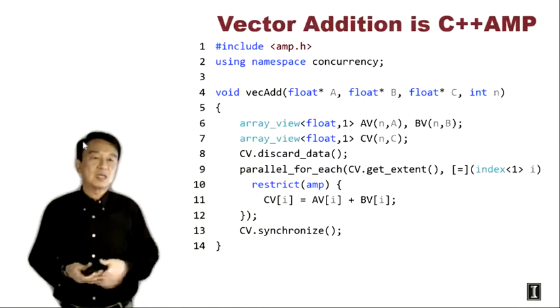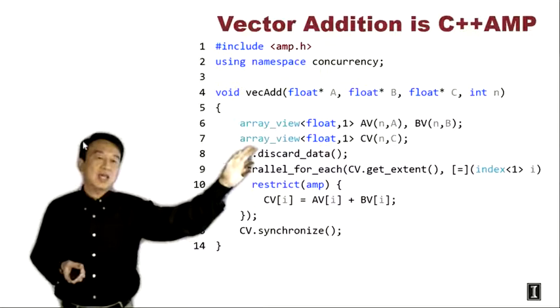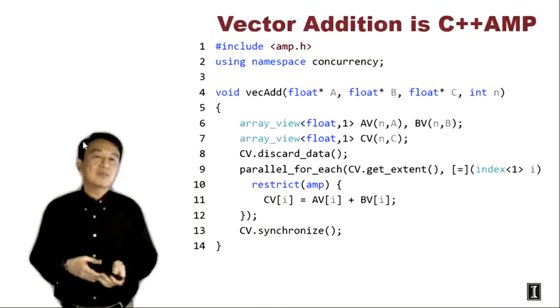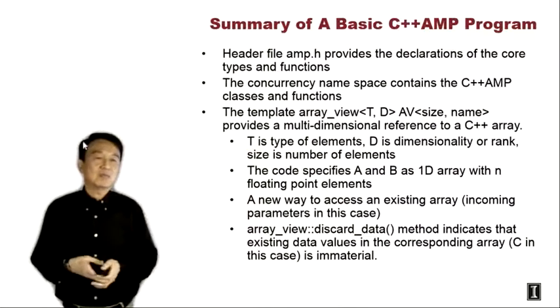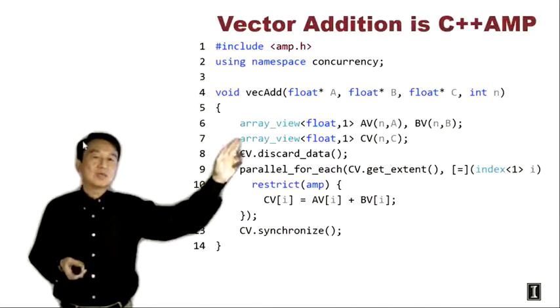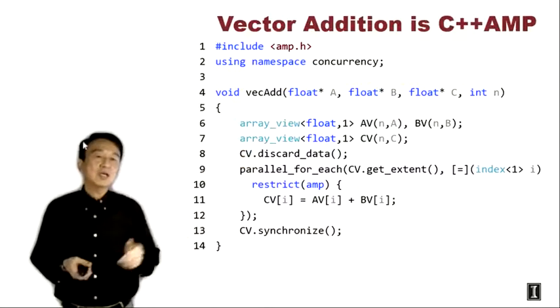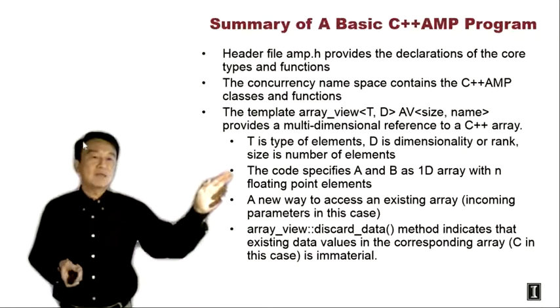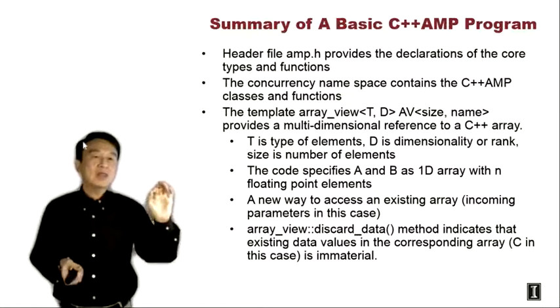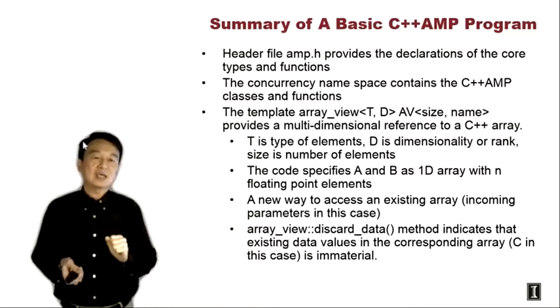In the previous example, that n is the number of elements in the vector a. And then we have the name, which in the previous example is a. So with array_view float 1 av n a, we essentially specify that a and b are one-dimensional arrays with n floating point elements. And this is just a new way to access an existing array.